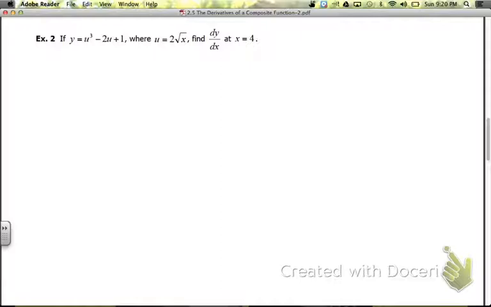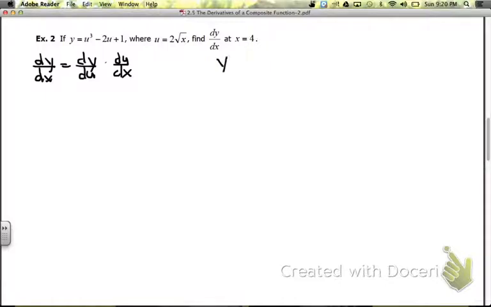So recall here that our dy over dx is equal to the derivative of y in terms of u times the derivative of u in terms of x. So let's just do some side work here.